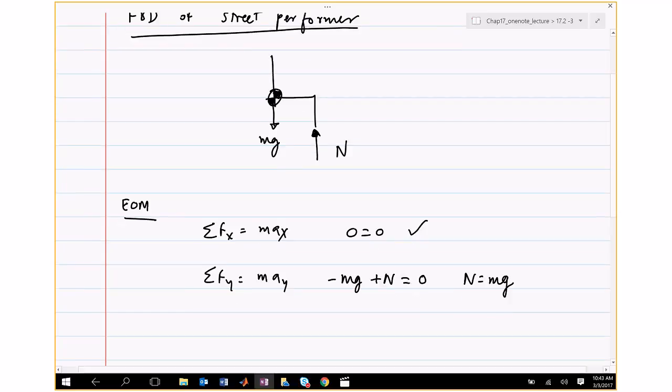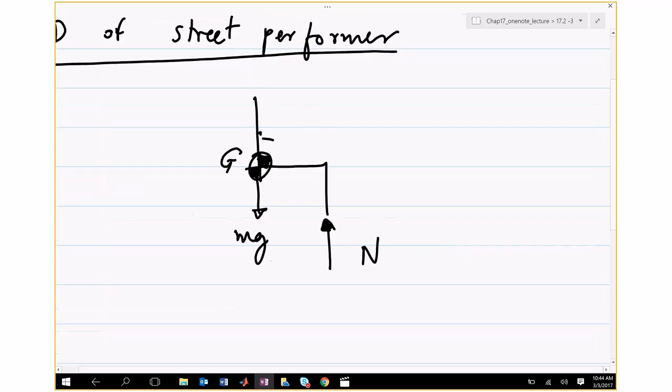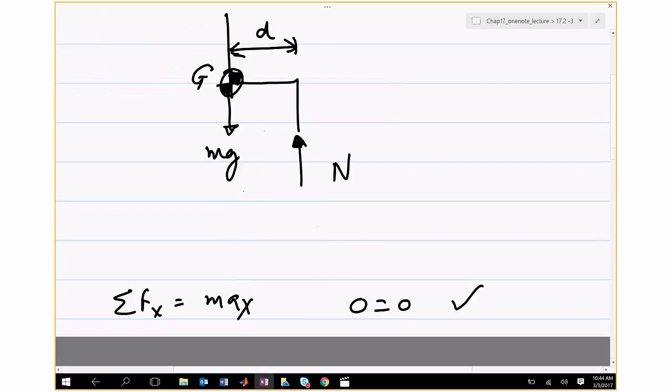Okay? And there's a third equation because this is a planar rigid body: the sum of moments about G equals I alpha. Let's say his thigh length is, let's call it, d.